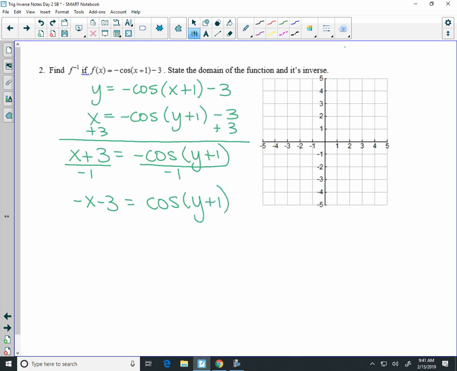Again doing cosine? Why are you saying negative 1? Because of the negative in front of the cosine. Gotta move that one first.